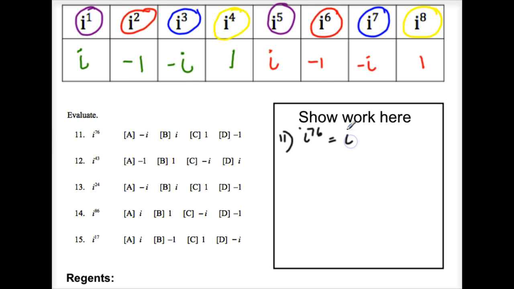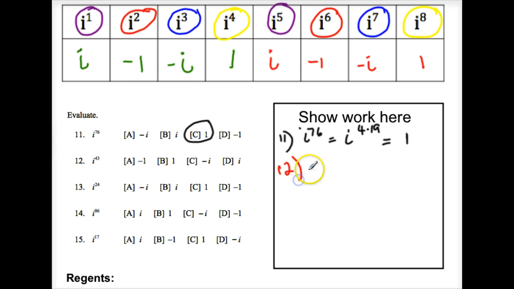Since 4 times 19 has no remainder, we know it is a multiple of 4, so we know the answer is going to be 1. Again, because it's a multiple of 4, 76 divided by 4 is 19. We know that when I evaluate it, any multiple of 4, which is in yellow, will always be a positive 1.